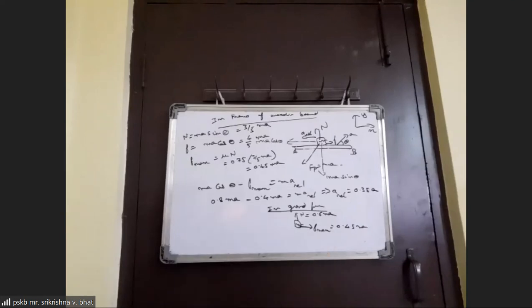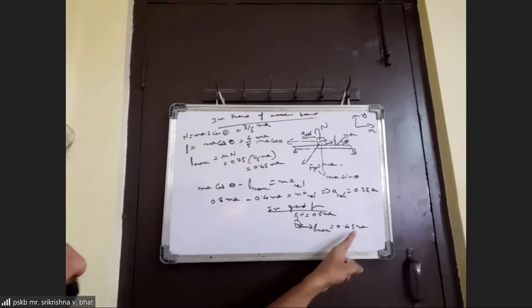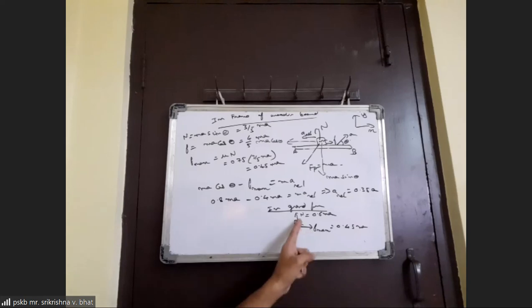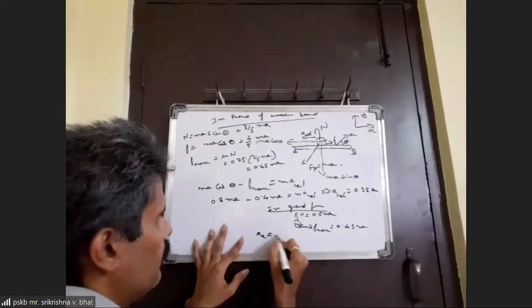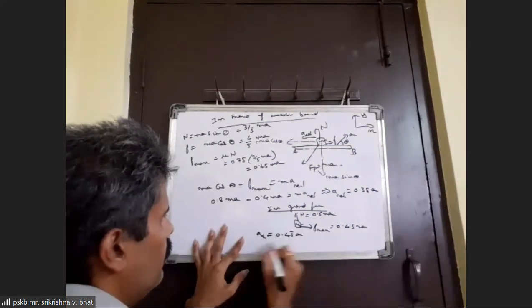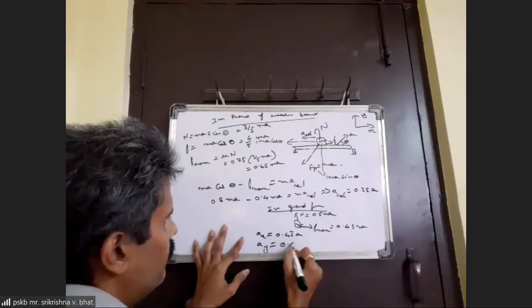So these are the two forces that the block is experiencing. That means the acceleration of the block in x direction will be 0.45a, and in y direction should be 0.6a. Therefore, ax is 0.45a and ay is 0.6a.